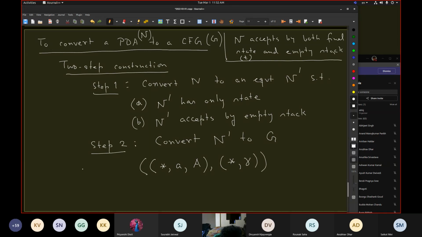If I have a situation like this, star does not change. So for a transition of this form, introduce the rule or production.